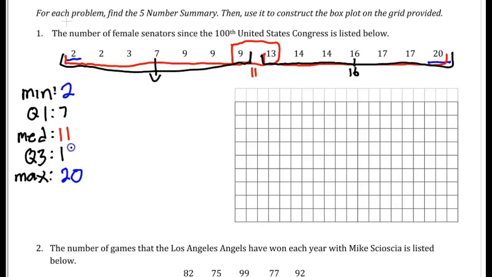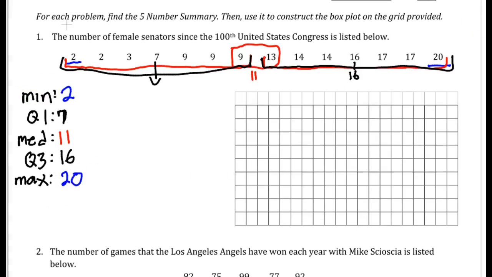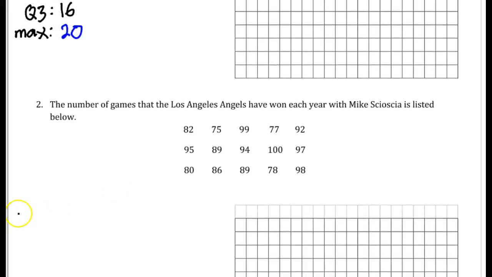Okay, so there's a reason you want these in order, because when you're graphing them, it's a lot easier when you have everything in the order that it appears from least to greatest. So always have it in this order when you're writing it out. You could just go down each one of these and write min, Q1, median in that exact order.